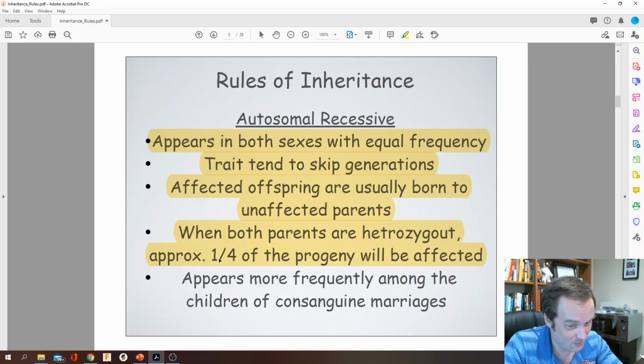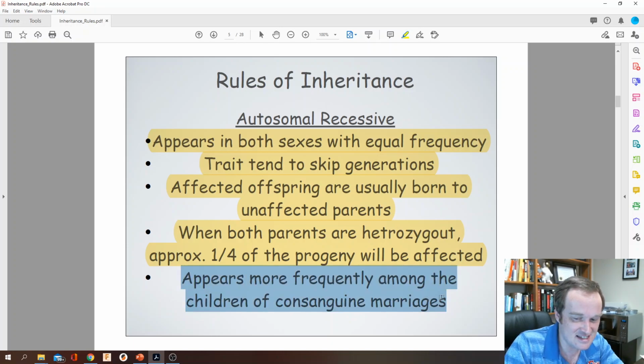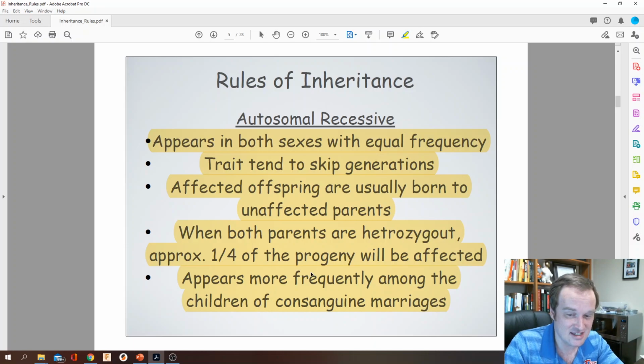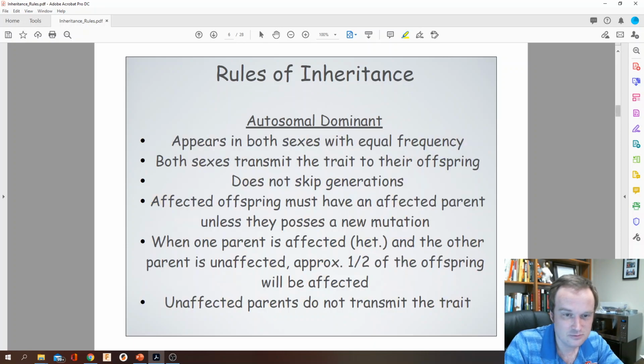Hence 1/4 of the progeny would be affected. It's also more frequent among children of consanguineous marriages. This means inbreeding. You've always heard inbreeding's terrible, and genetically that's true, because the frequency of these recessive alleles is increased with that.